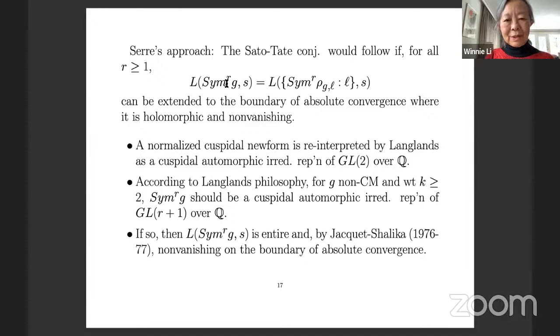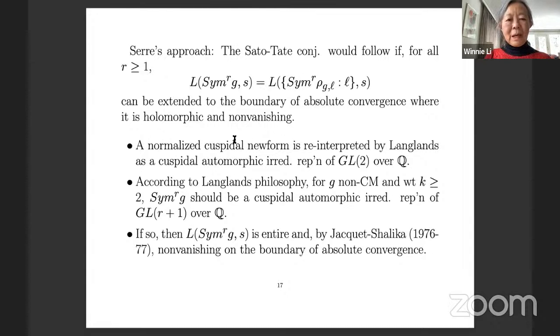Because we have associated families of l-adic Galois representations to this new form g, I can also state this as L-functions associated to the Galois representations. We have two views.